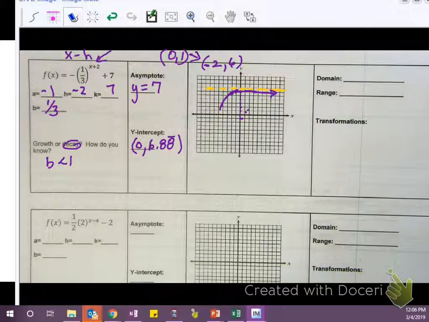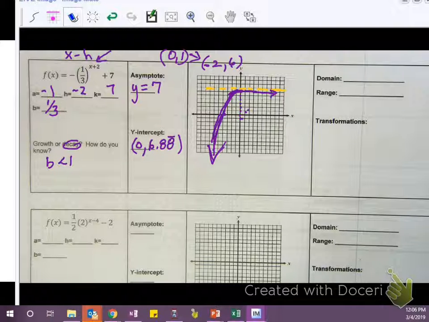So 1, 2, 3, almost to 4 here. I need to erase part of this. Oh, well, it's not drawn very well.